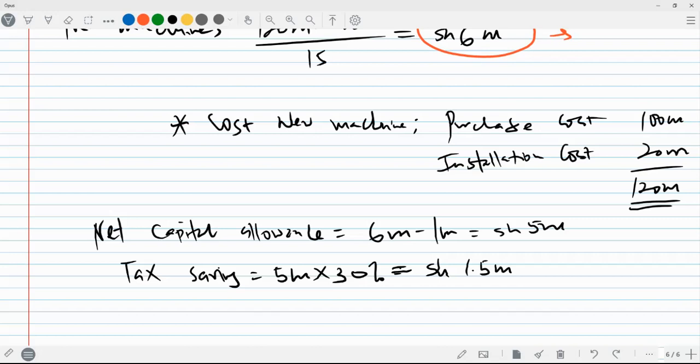Is it revenue in nature or capital in nature? Because there will be no overhaul to be done in year 10, is it going to increase, for example, the useful life of the asset?